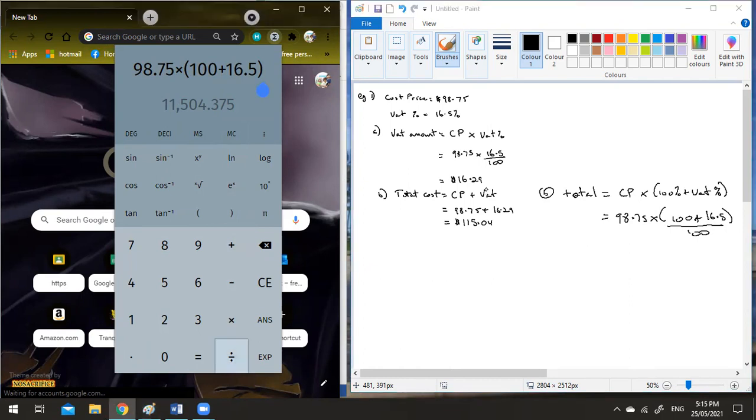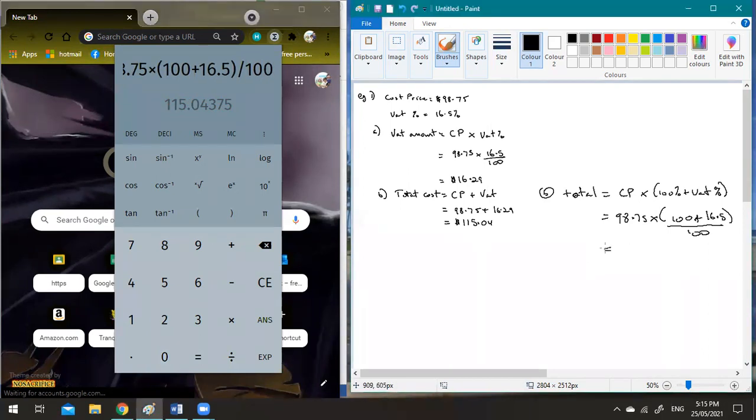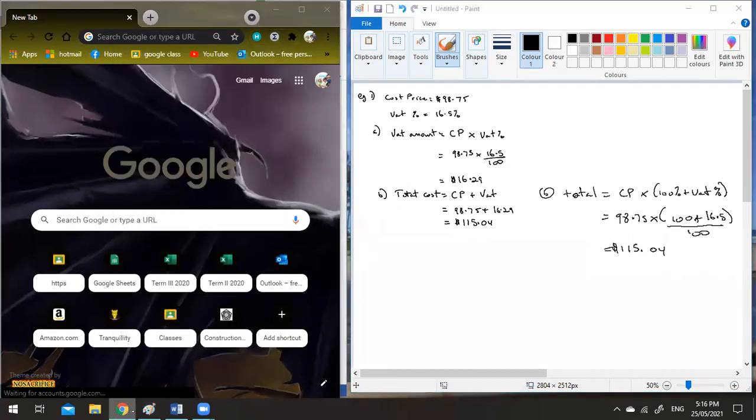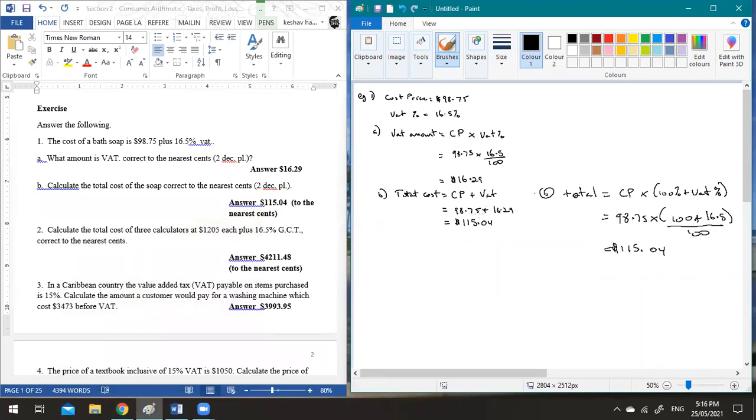So yeah, divided by 100. $115.04. So you see, you're supposed to get the same values. Depends on how the question asks it, right? If you want to get it in one step or not, you could use this one, right?